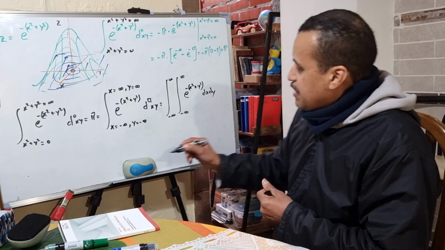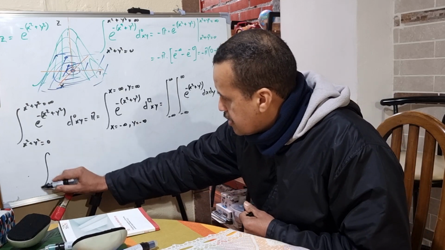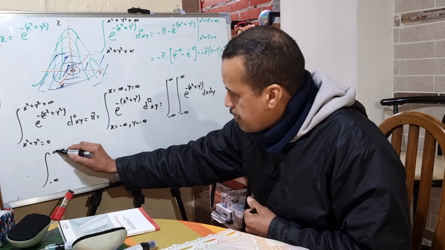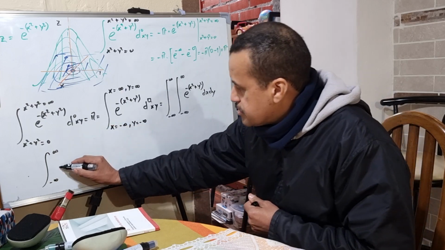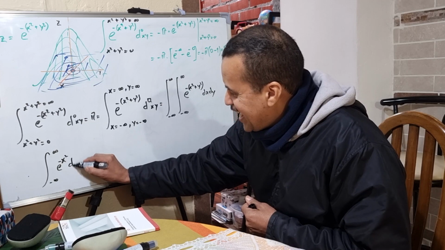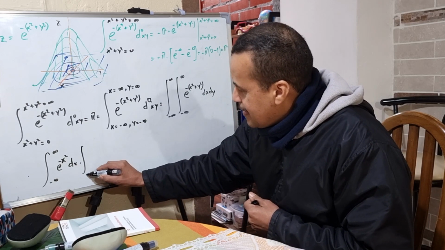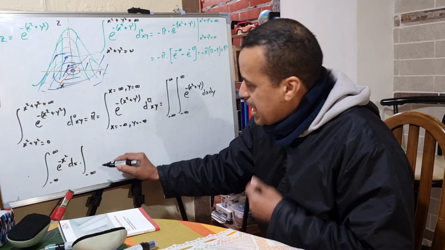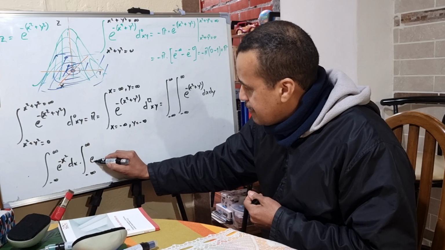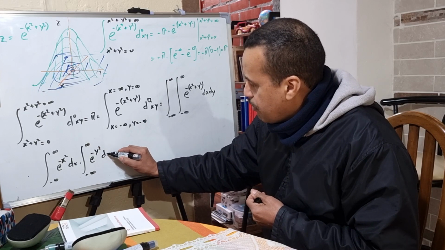Now, this integral is going to be the same as the integral from minus infinite to plus infinite of e to minus s squared ds times the integral from minus infinite to plus infinite of e to minus y squared dy.